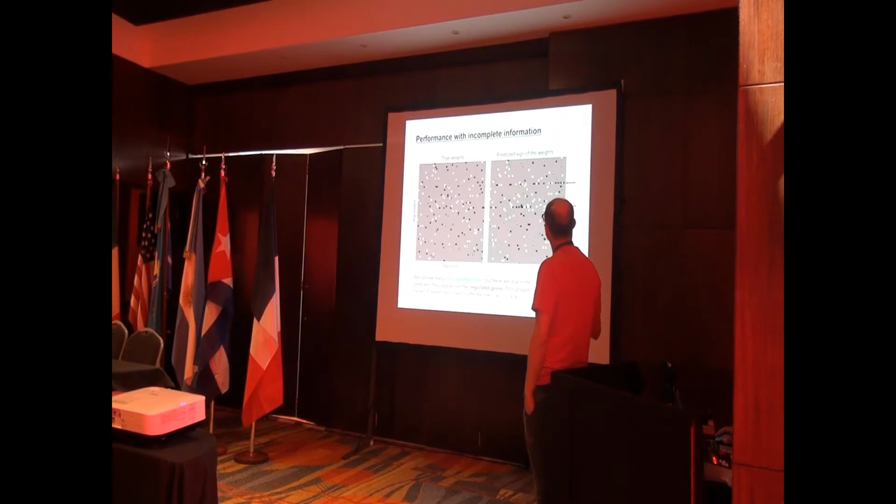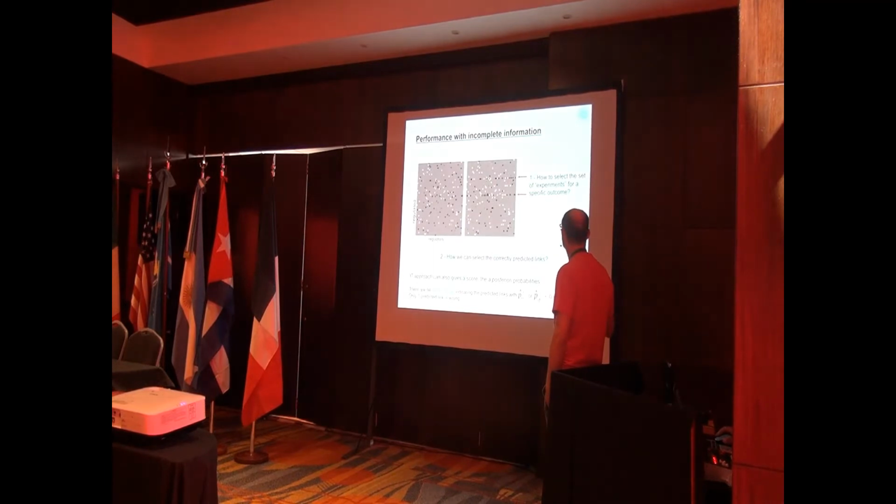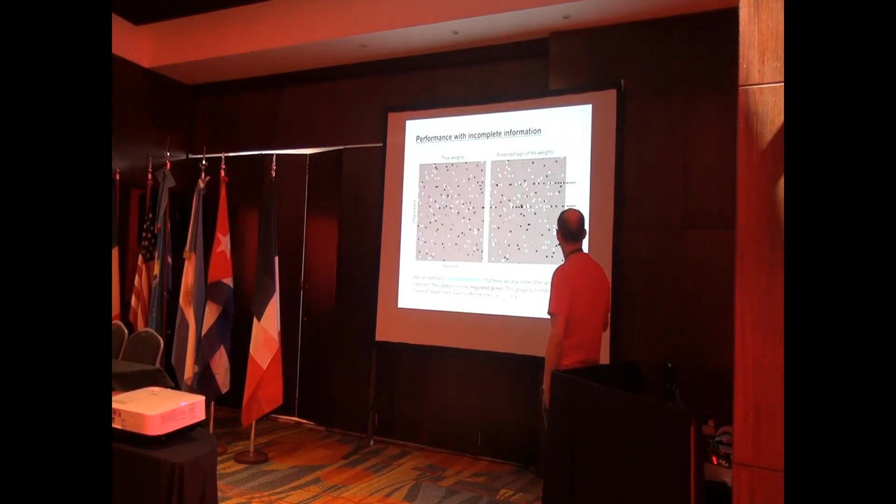This is the predicted sign of the weight. The green circles are well predicted links, but there are also some wrongly predicted, mainly over two regulated genes in these lines. Okay. So this grouping is related to the set of experiments used to infer the links. Another set of experiments would have different genes.